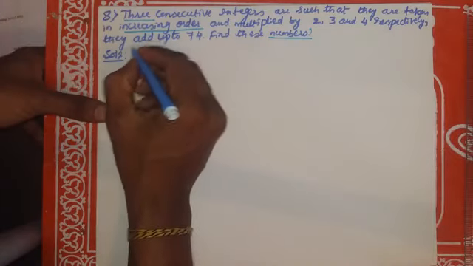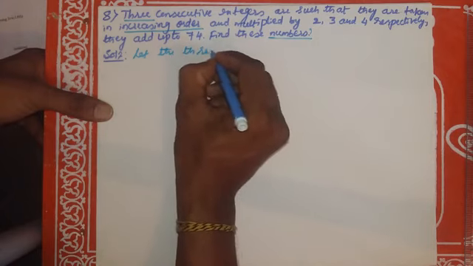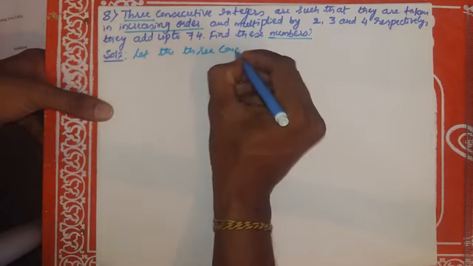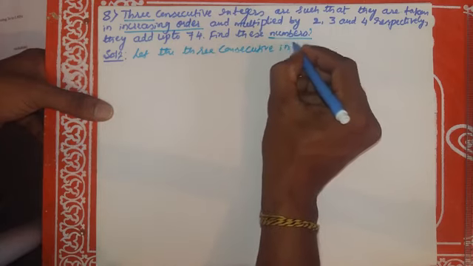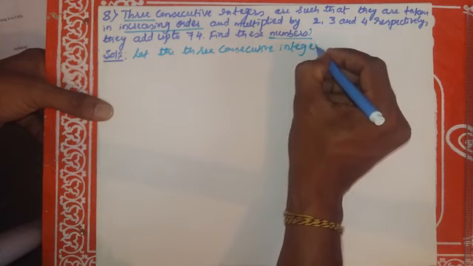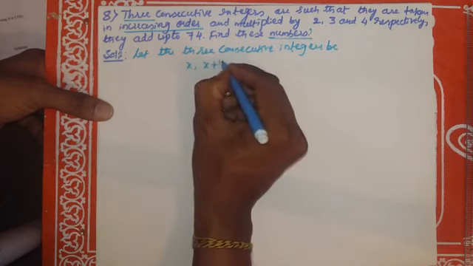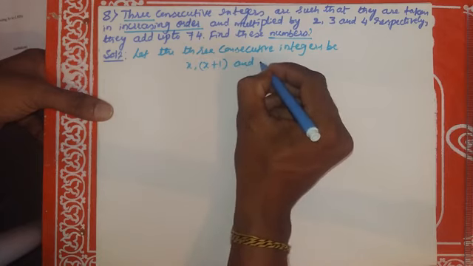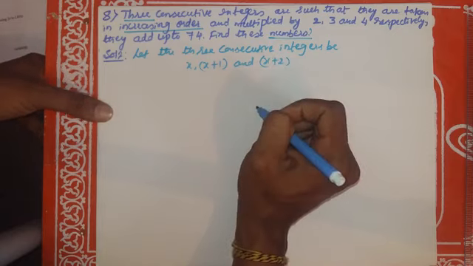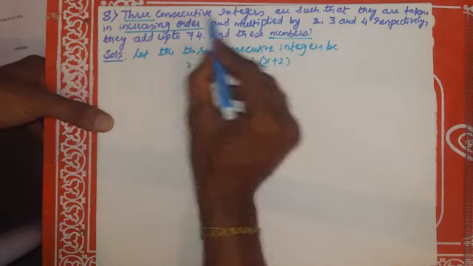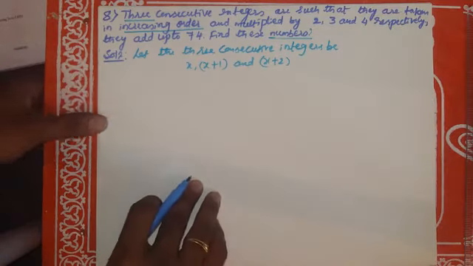Okay, let the three consecutive integers be x, x plus 1 and x plus 2. Increasing order. Three consecutive integers are such that they are taken in increasing order, right?